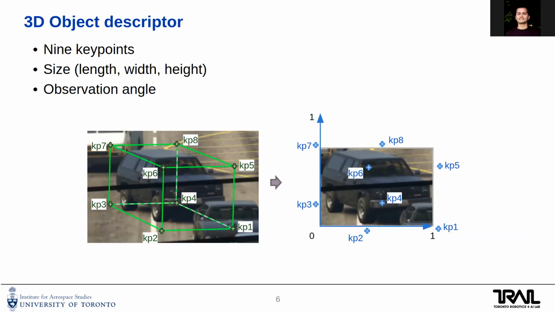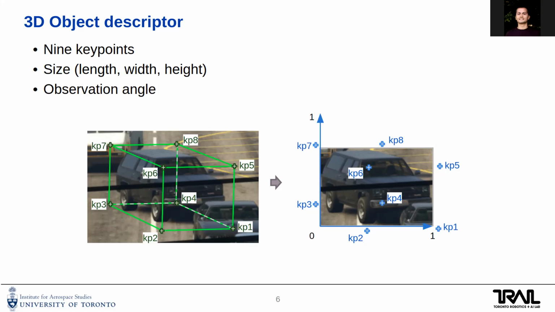Getting into more details about our method, we introduce the idea of having a 3D object descriptor in this method. This object descriptor works by inferring the location of 9 key points as they are projected onto the image, along with the size of the object, in this case the vehicles, and the observation angle.